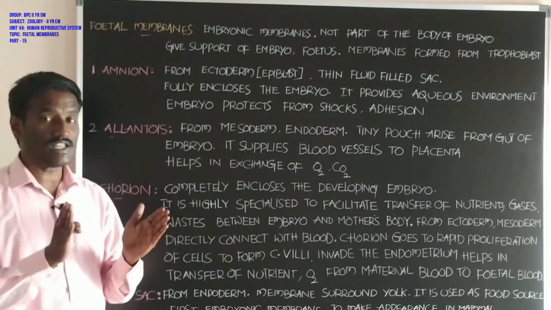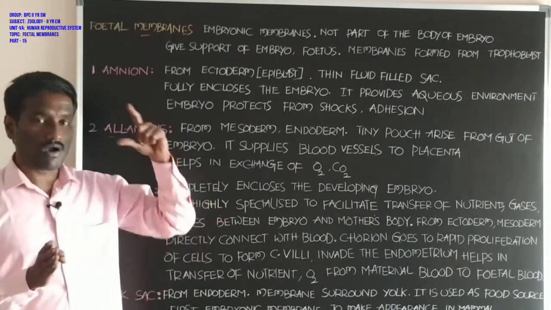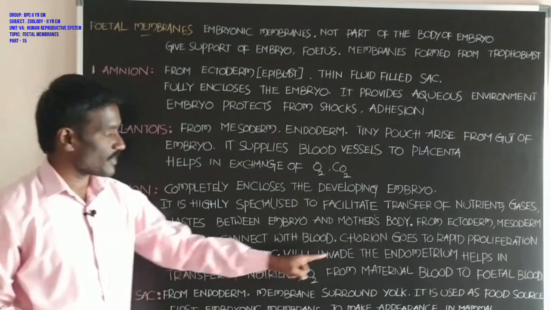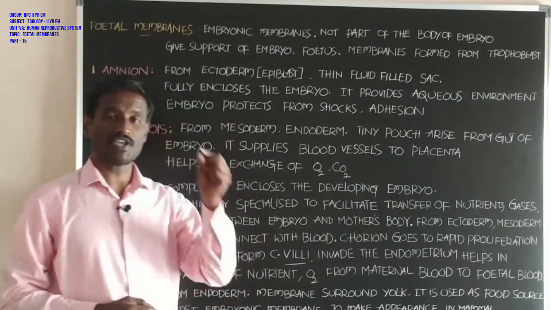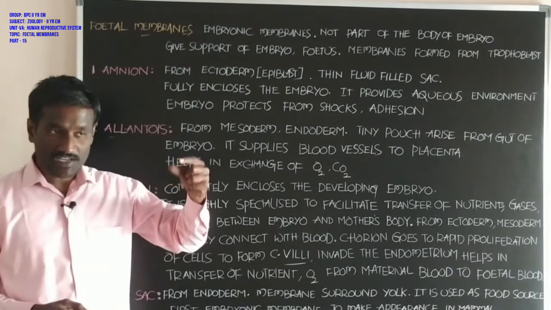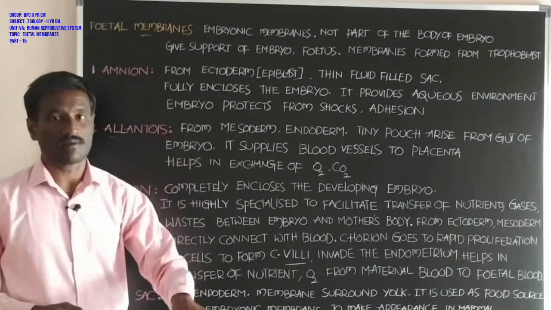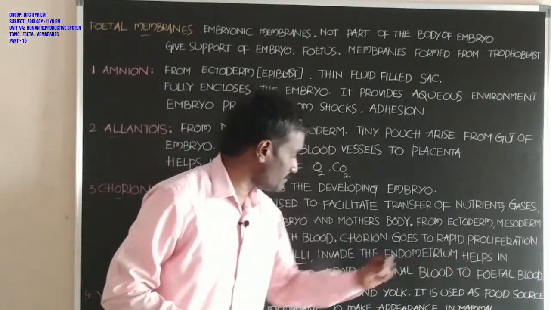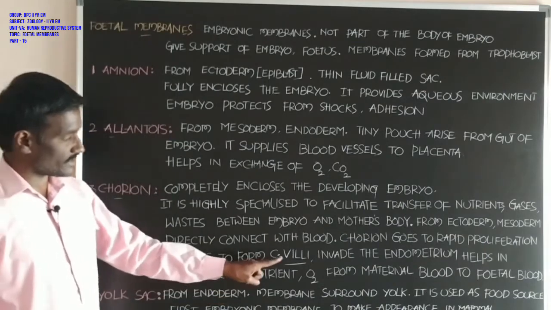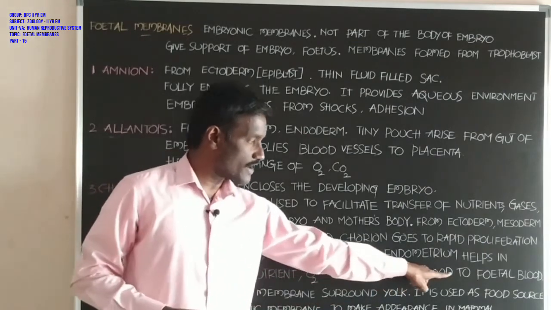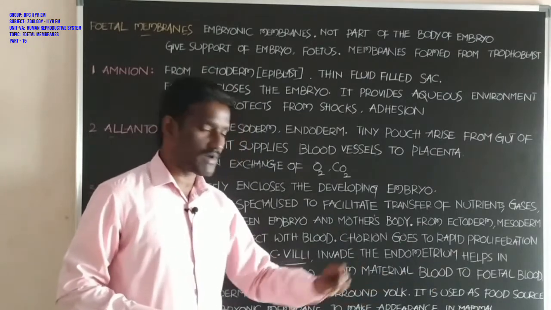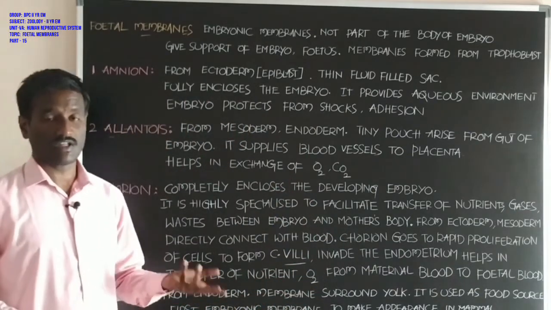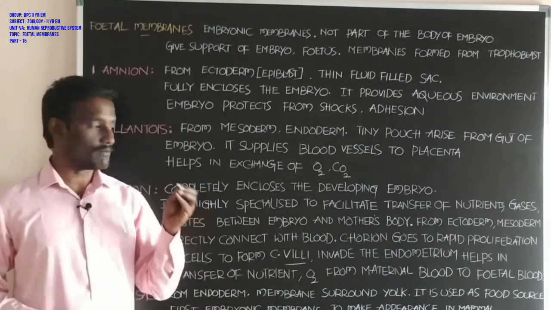The chorionic villi invade the endometrium of the uterus of the mother, and help in the transfer of nutrients and oxygen from the maternal blood to the fetal blood. Maternal blood means the mother's blood, and fetal blood is the blood of the developed fetus.